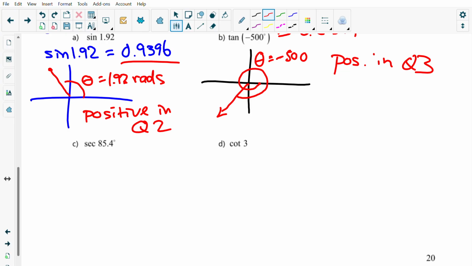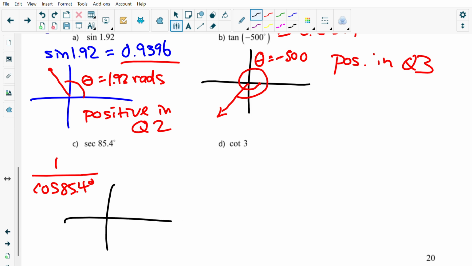Secant of 85.4. I'm going to look at 1 over the cosine of 85.4 degrees. And when I look at where that takes me, it's right about here.